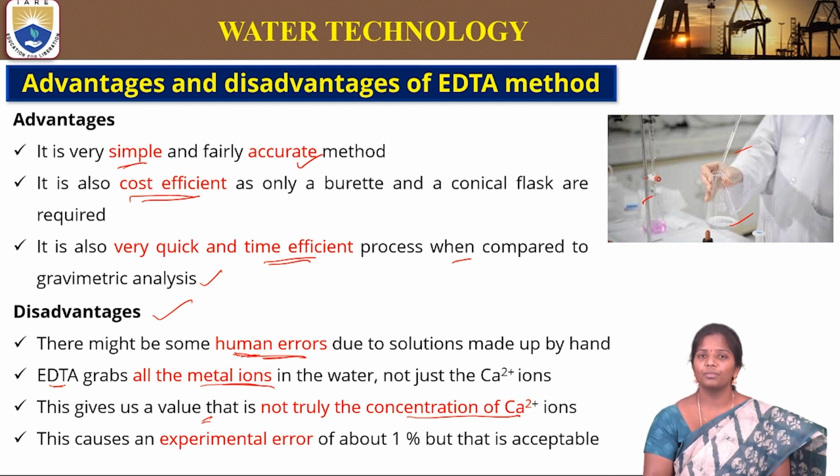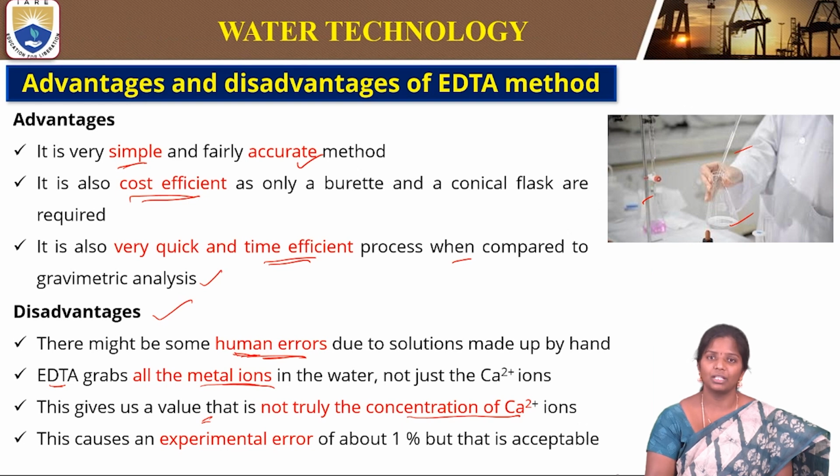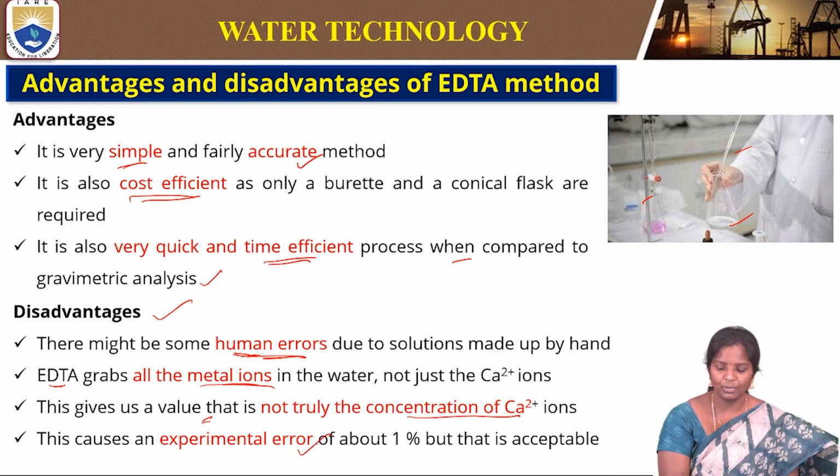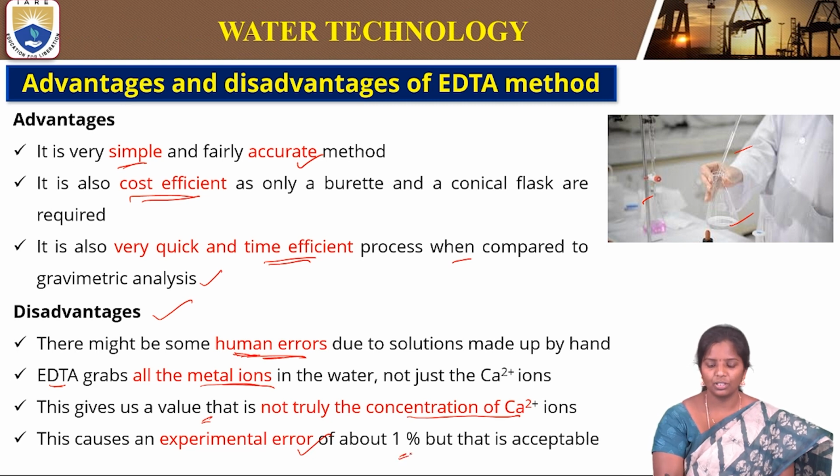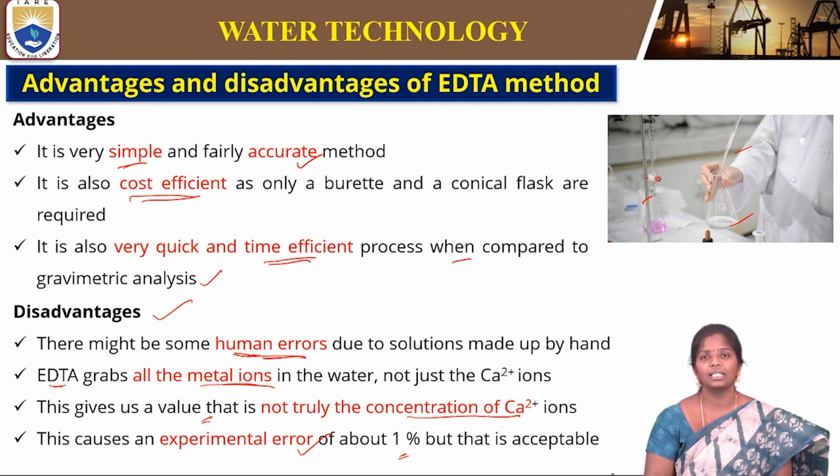If it forms complexes with other ions like iron or cobalt, then the result is not just because of the concentration of calcium. This causes an experimental error of 1%. As we see, the other metal ions are very low in water, so even if it is 1% of experimental error, it is acceptable. This is why it is the most widely used method till date.